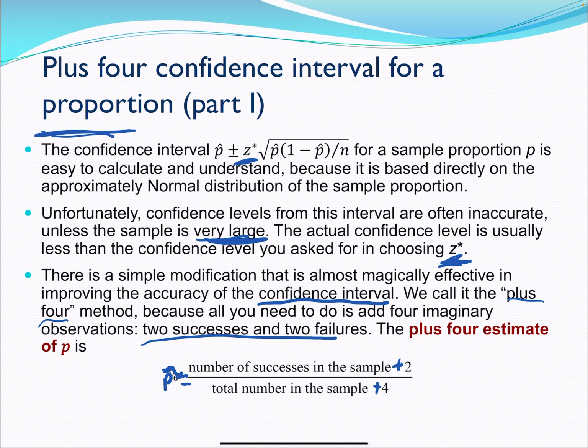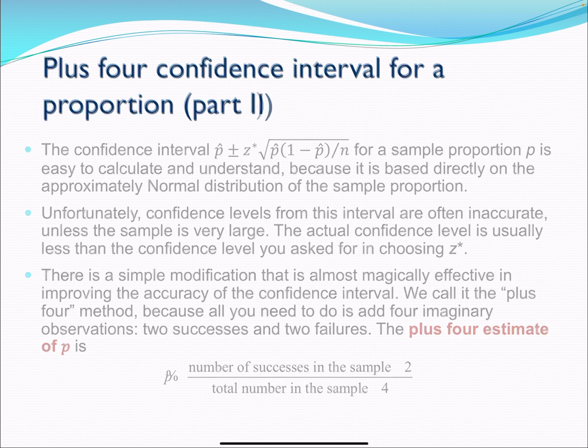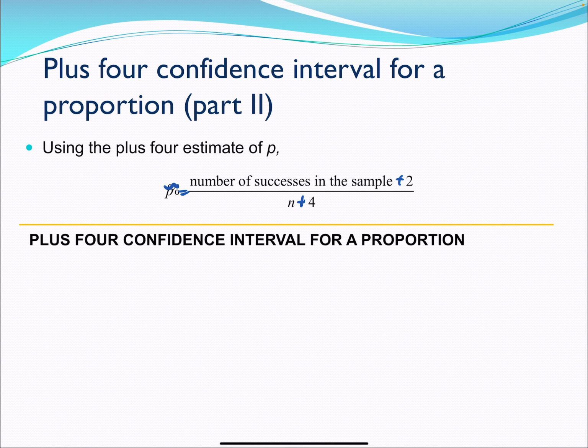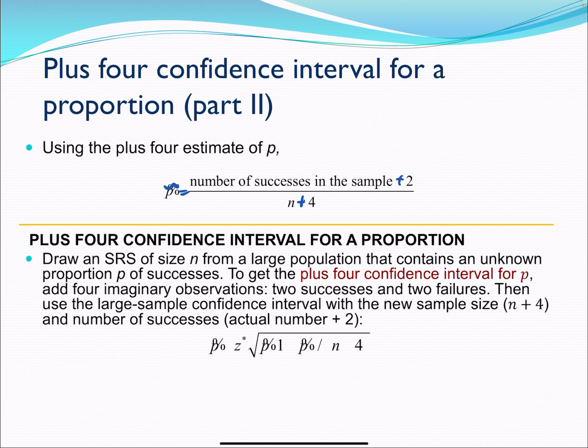This helps us correct and make our confidence interval more accurate. So using the +4 method, P tilde is the number of successes plus 2 over n plus 4, and a +4 confidence interval for a proportion. All these percentage signs, they're tildes. I don't know why they're showing up like this.